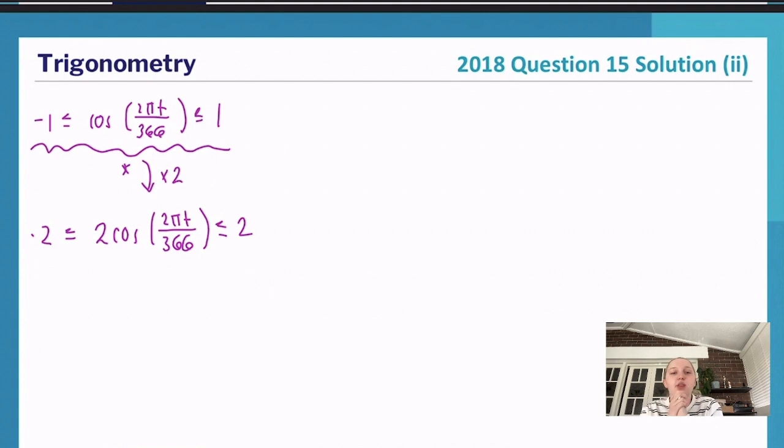So that's thinking about our amplitude. Then we've got to think about which side is going to give us the shortest length of daylight.